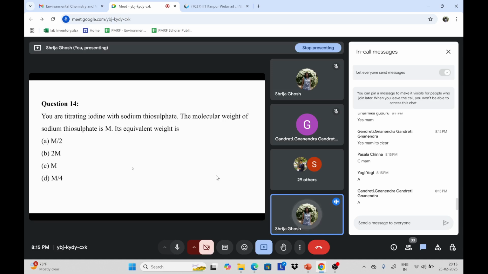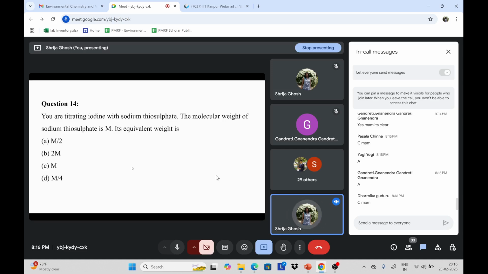So to calculate the equivalent weight, you have to think of the reaction also. I have shown you the reaction previously in that other question about this titration. Sodium thiosulfate reacts with the iodine to form the iodide ions, right?